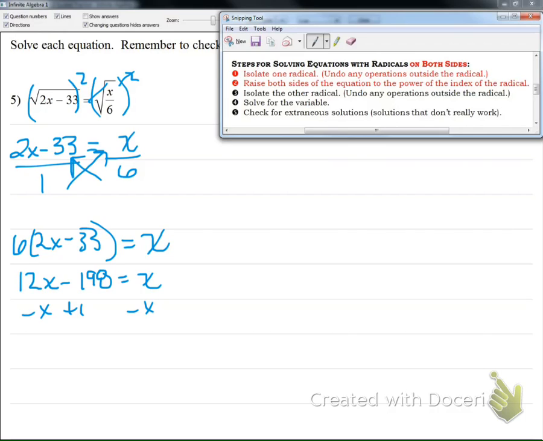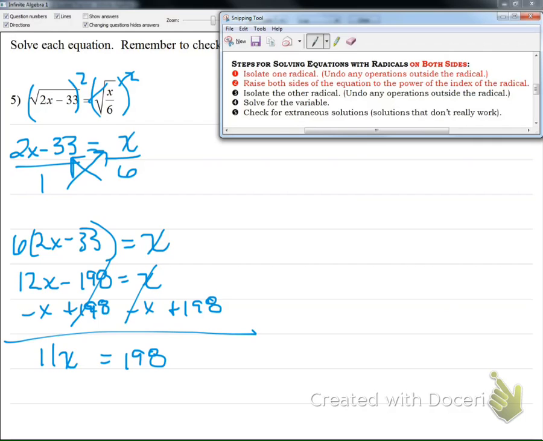So I'm going to add 198 to both sides. Alright, so combine like terms, and I should have a variable term on my left. That cancels out there. So 12x minus x equals 11x is equal to the 198 on the right hand side, because the 198 on that side cancels out as well.